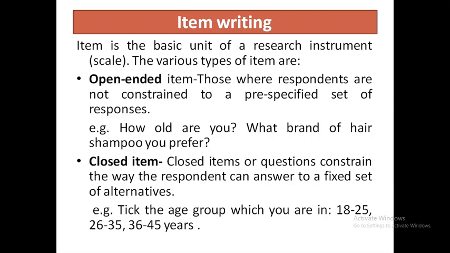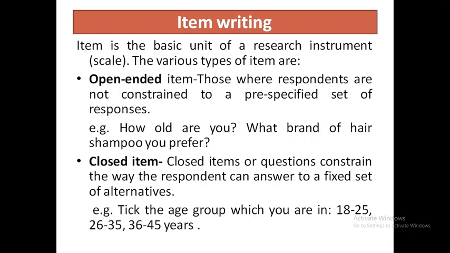For example, the question stated in the questionnaire is, how old are you? Here, as a respondent, you need to mention your age. That's it. Then, say, what brand of hair shampoo do you prefer? Whatever shampoo brand you prefer, you need to state in the response. So this is called an open-ended item or open-ended question.